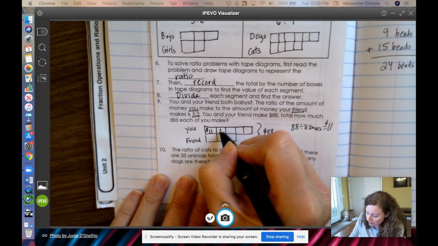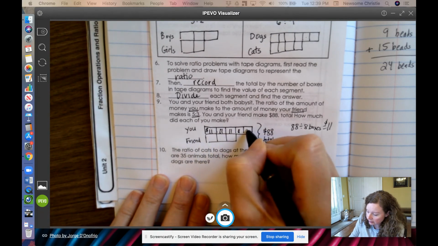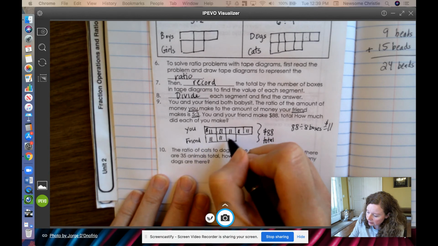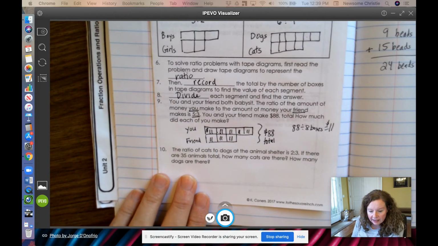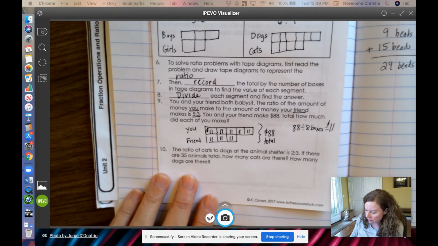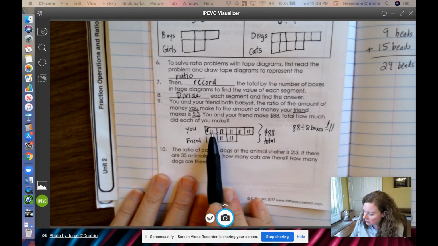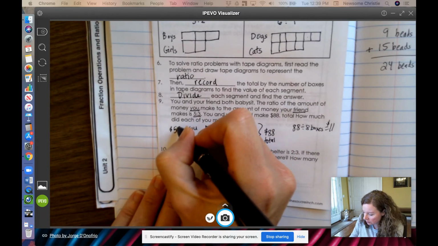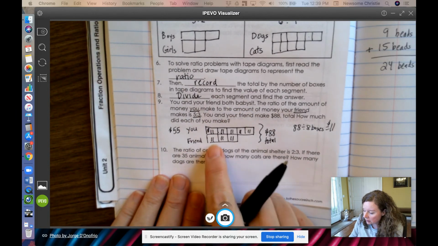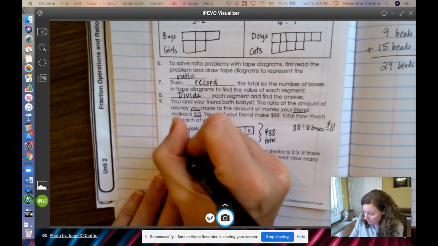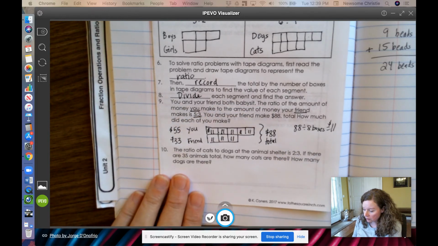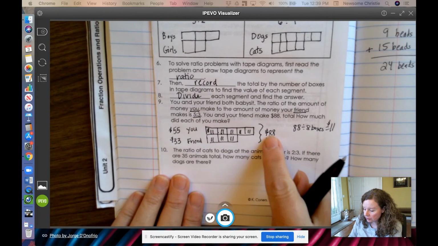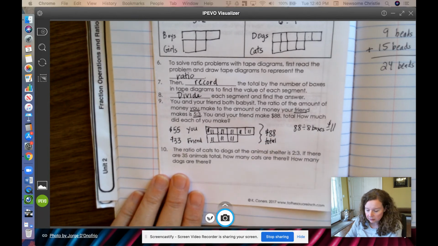So 11s is what goes in each of those boxes. So now how much did each of you make? You made 11 times 5, $55. Your friend made 11 times 3, $33. And does 55 and 33 add up to 88? It certainly does. Okay, let's try another one.